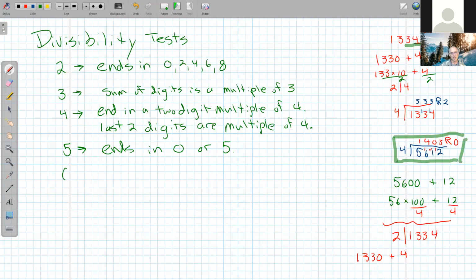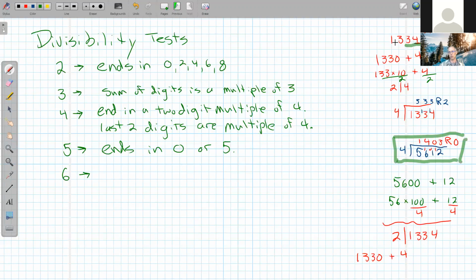And let's see, 6. Does anybody know a rule for 6? Since people are searching through their memory banks, hoping something's going to pop up: how can I tell if a number is divisible by 6?